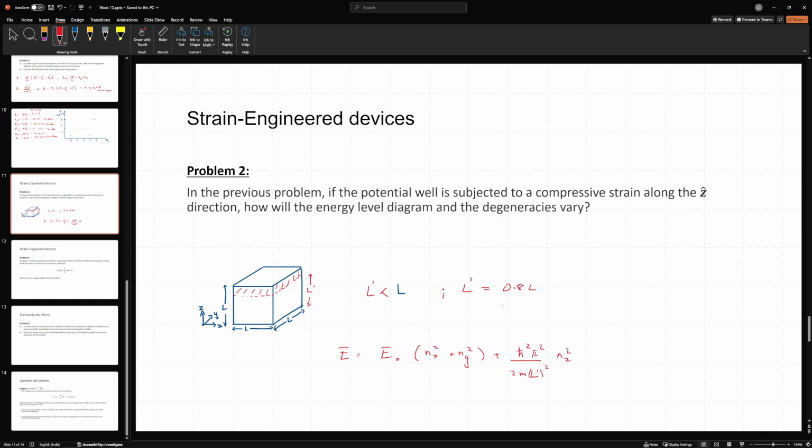Now I gave you this relation, so just write it as 0.8, and 0.8 squared is going to be 0.64. So 1 divided by 0.64 is going to be how much? Let me just multiply and divide by 100.